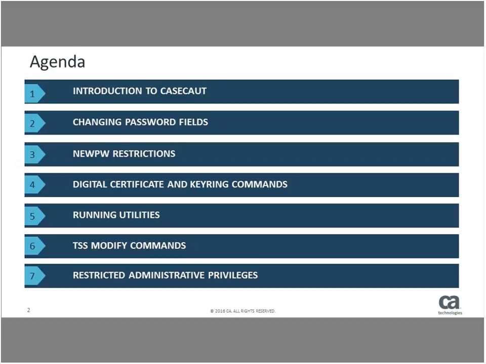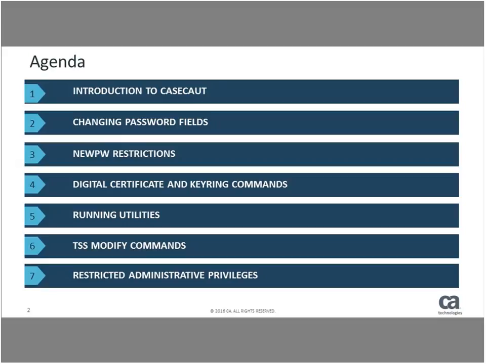Then we'll look at what authorities are there today and have been there for many, many years, and what CA CASECAUT brings to the table, and how CA CASECAUT will play roles within various areas like changing password fields and new password restrictions, certificates and key rings, running utilities, modify commands, and also some of the administrative privileges for restricted functions like setting the password for the master SCA.